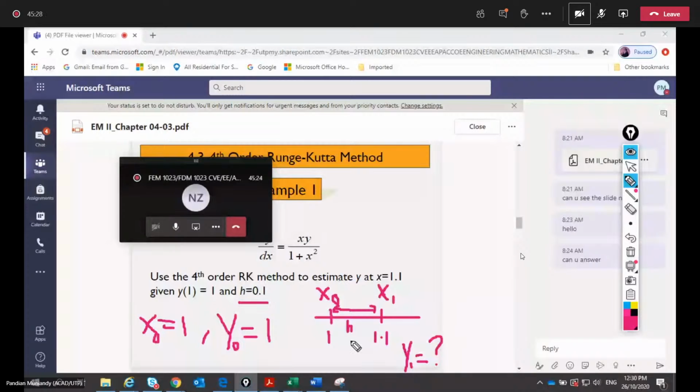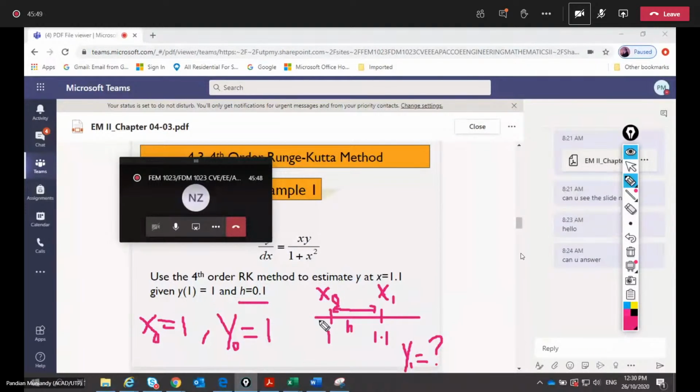This x1 is 1 plus 0.1. Make sure you understand this. It's easy, but you will get confused later on. Whether given or not given, that is the challenge. If not given, we will face a big problem. So you have to read the question carefully.